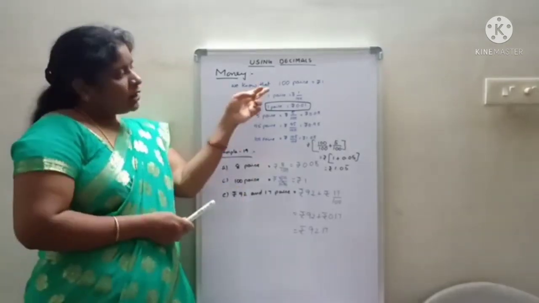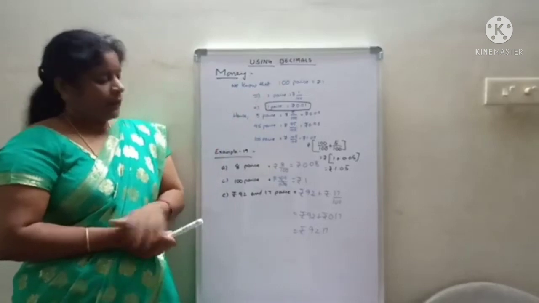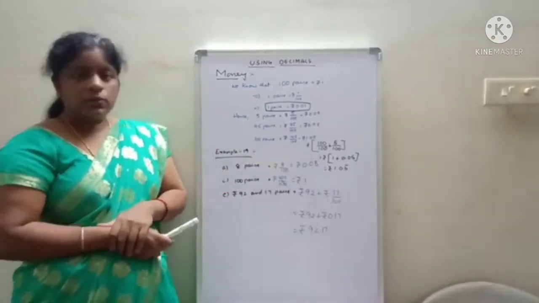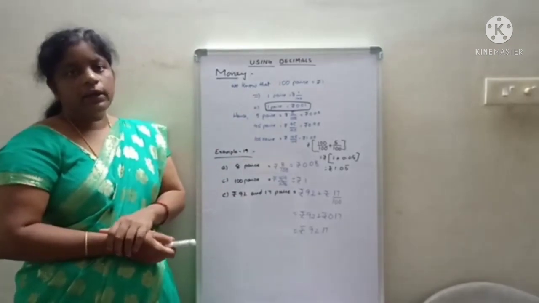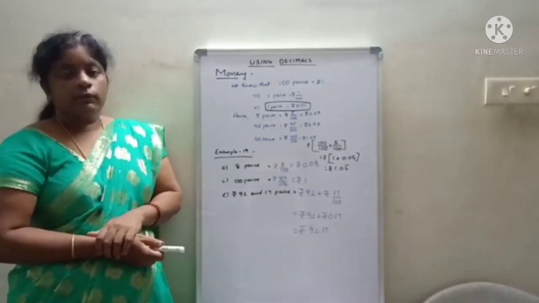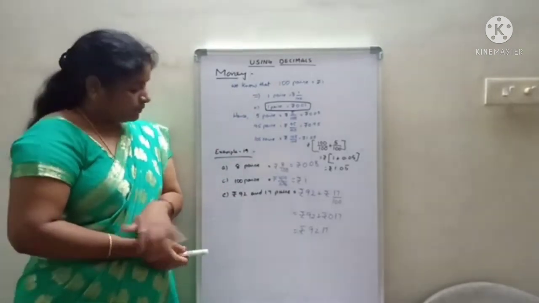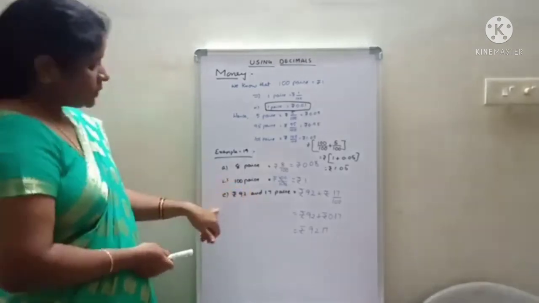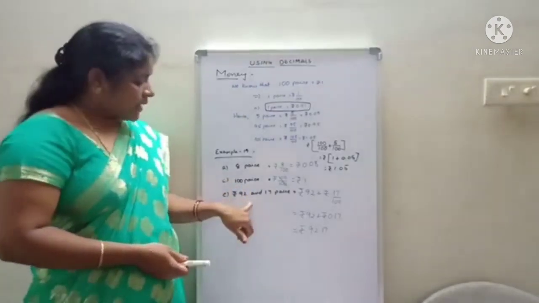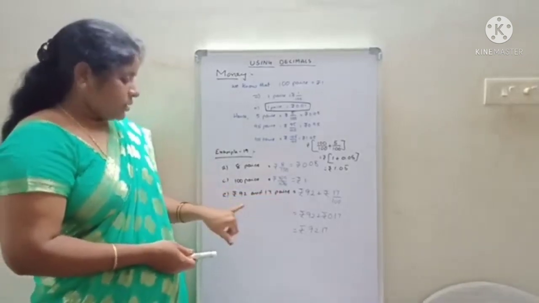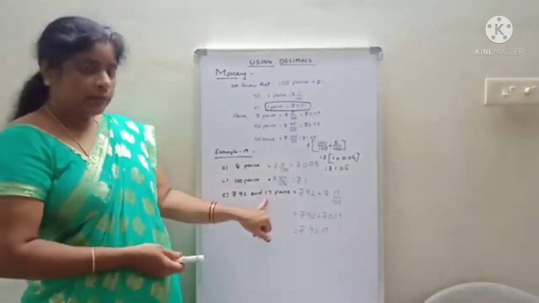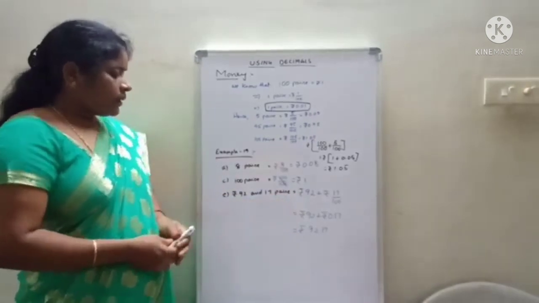Next, 100 paise. We know 100 paise equals 1 rupee. Directly you can write 100 paise equals 1 rupee, or you can convert: rupees 100 by 100, cancel 100, we get rupee 1. And the last one, rupees 92 and 17 paise.